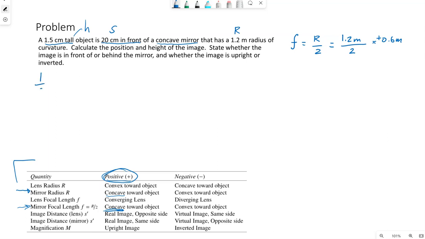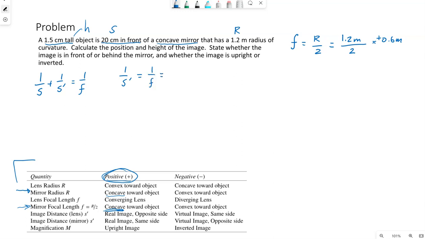Now, in terms of relating object position, image position, and focal length, we have this equation. 1 over S, where S is the object distance, plus 1 over S prime, the image distance, equals 1 over F. We're trying to find out where the image is located.